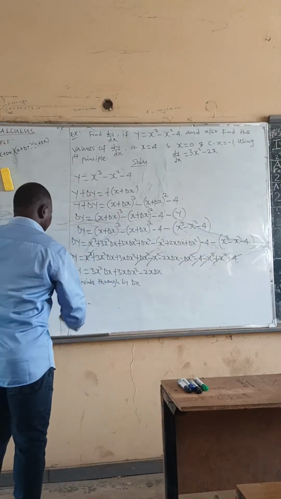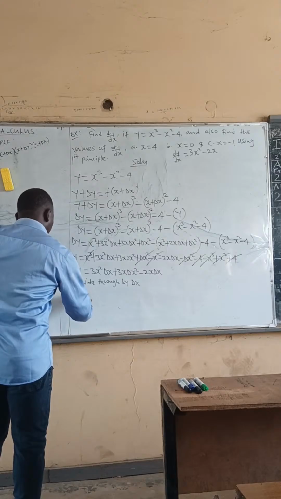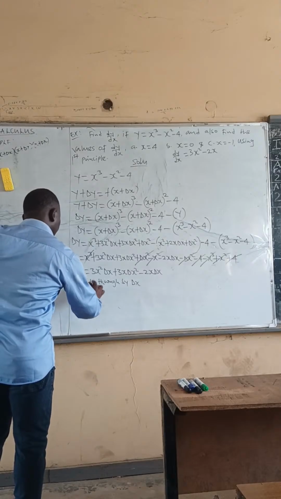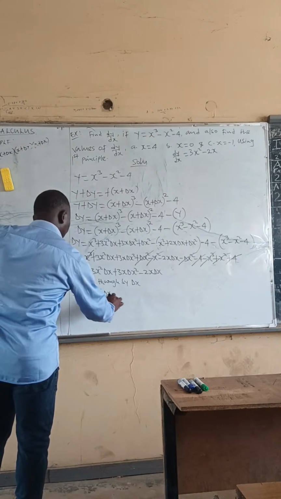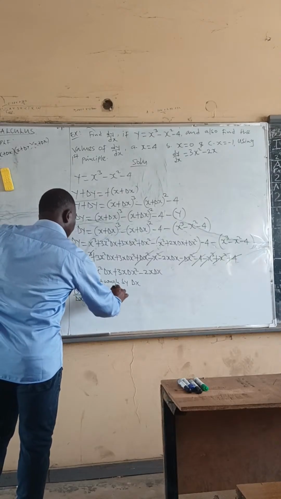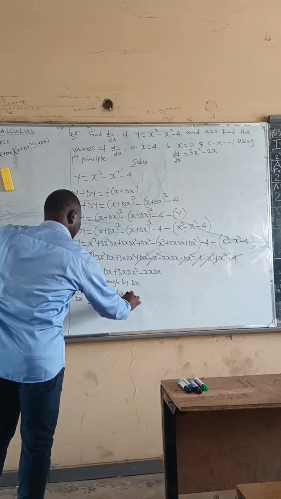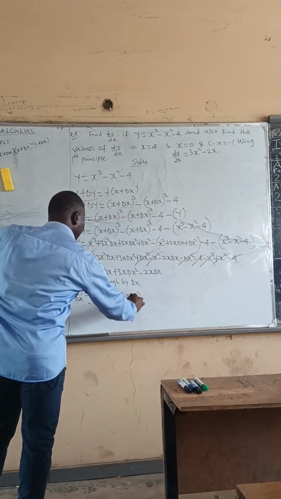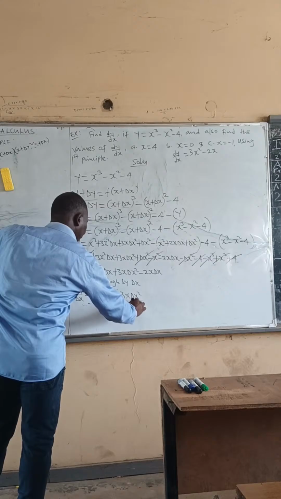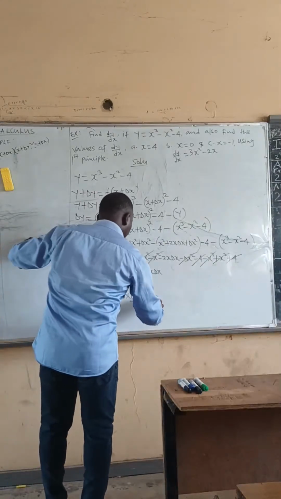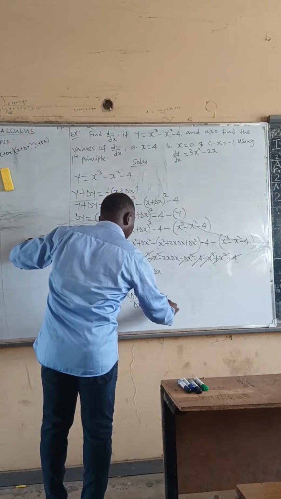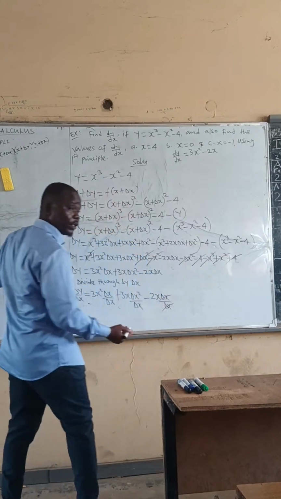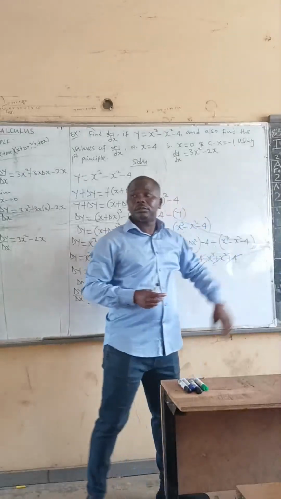So this implies that our dy all over dx is equal to what? 3x squared dx all over dx, then plus 3x dx squared, right? All over dx, then minus 2x dx all over what? dx. This and this will cancel. Minus 1.